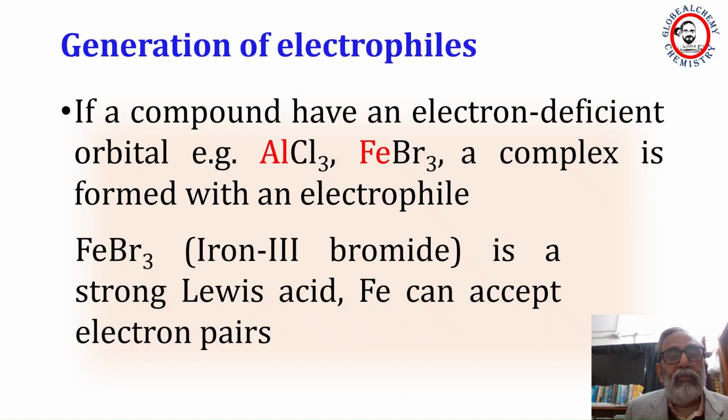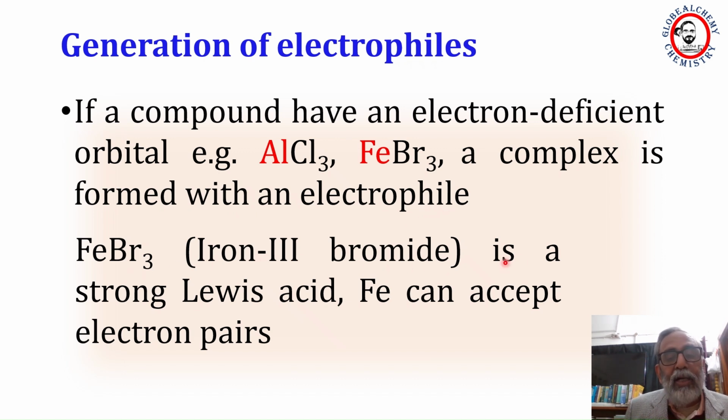So generation of electrophile, if we take an example, how we can generate electrophile, for example, in the halogenation reaction. If a compound has an electron deficient orbital, for example, aluminum chloride, FeBr3, the aluminum and iron have an electron deficient orbital, and a complex is formed with an electrophile.